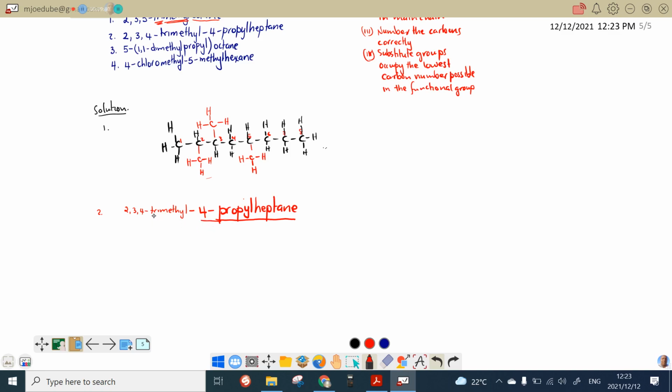You also have the 3 methyl groups that are attached on positions 2, 3, and 4. So that's what you need to take into account. So in this case, the first thing that you must do is to represent the long or parent chain of the 4-propyl heptane.